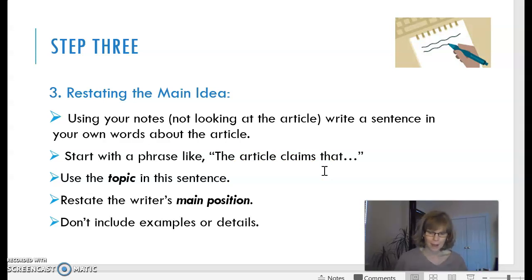It's something about drugs and drug discovery, and then write the main position of the article. What is this article saying about drugs and drug discovery? Don't use examples, don't use details, just one sentence to capture the main idea.